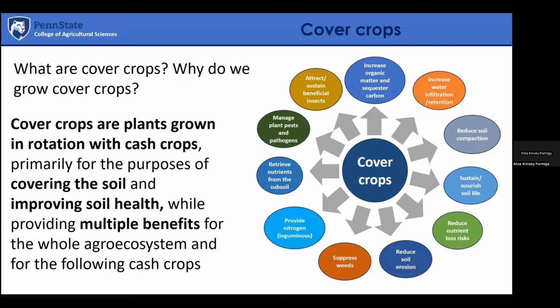What that implies is that we are still considering all the multiple benefits that cover crops can provide, but we are looking also for some characteristics of the cover crops that will maximize the efficacy of the ASD treatment. And so we will discuss now what those characteristics are and how we select cover crops.